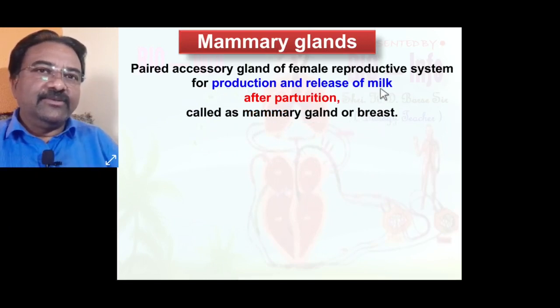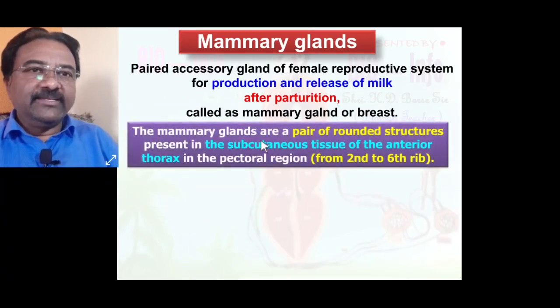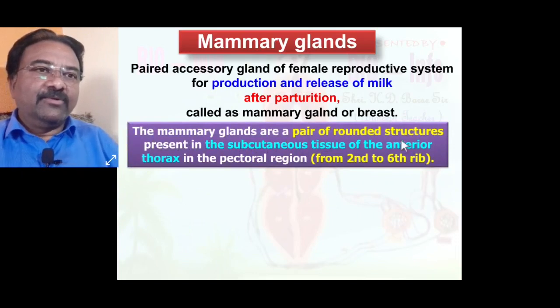Production and release of milk after parturition. The mammary glands are a pair of rounded structures present in the subcutaneous tissue of the anterior thorax in the pectoral region, from second to sixth ribs.